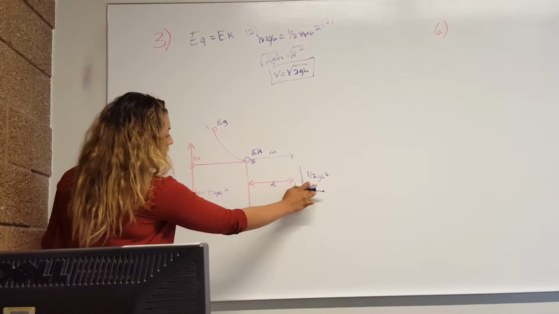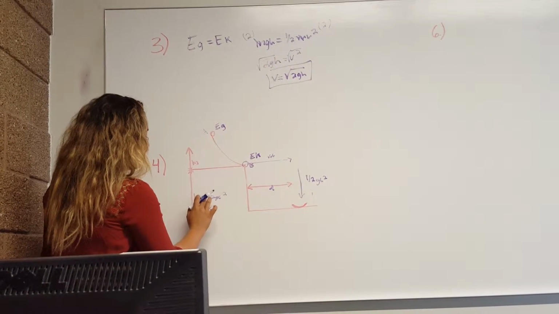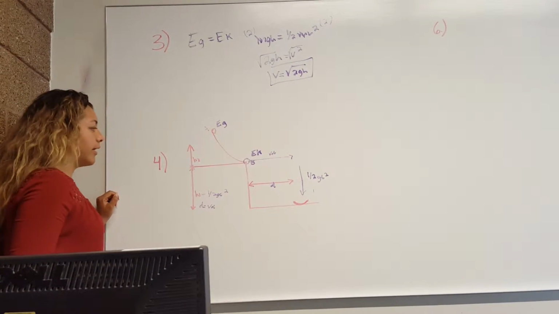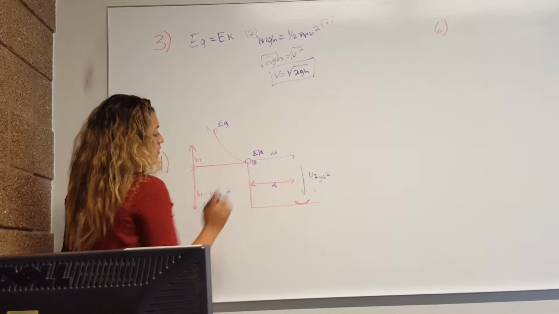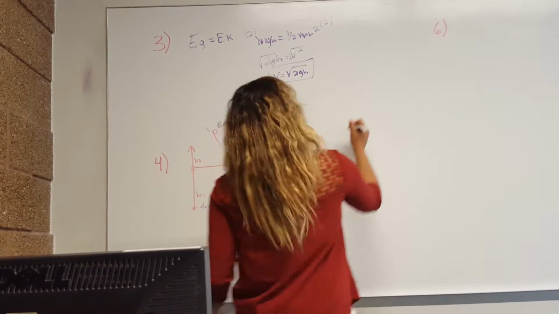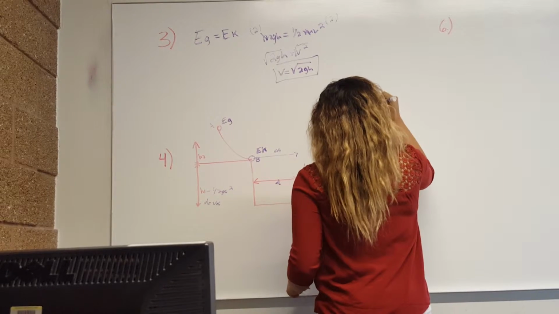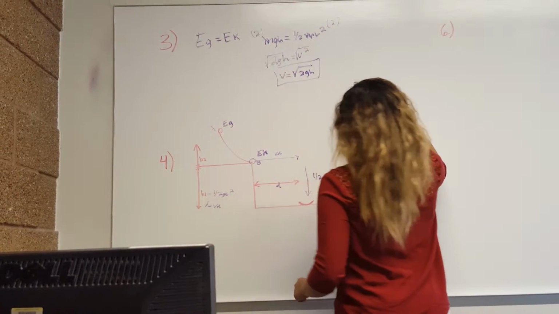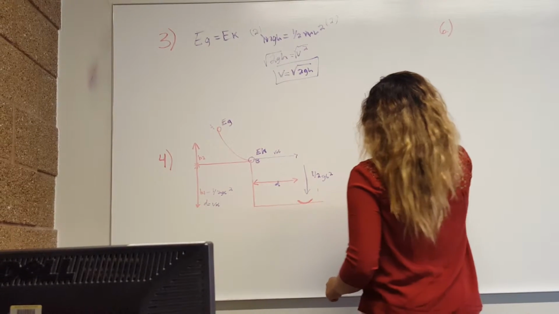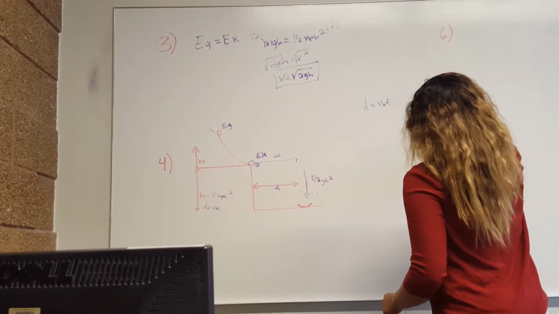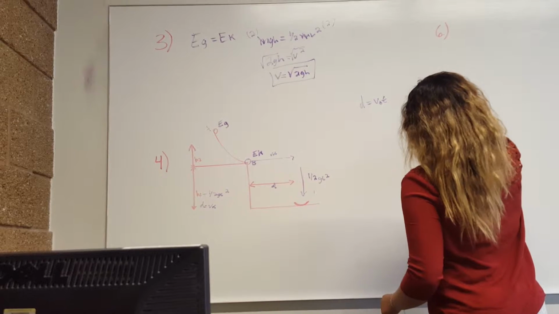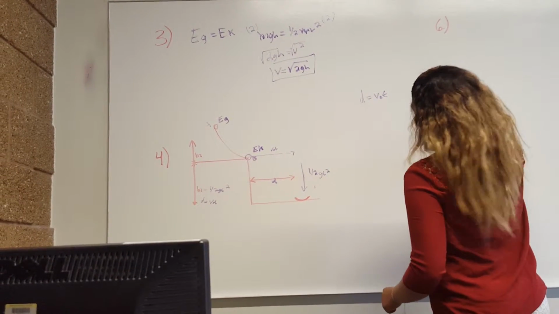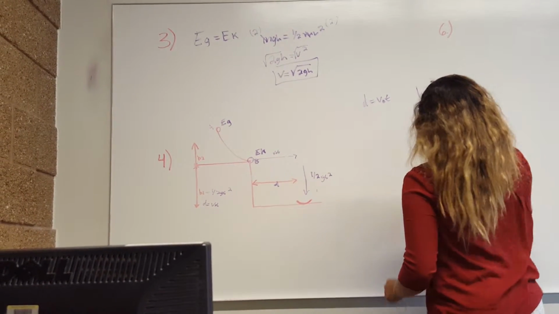So H1 is equal to 1/2 gt squared, and D is equal to v naught t. So then you solve those. So D equals v naught t, and H1 is equal to 1/2 gt squared.